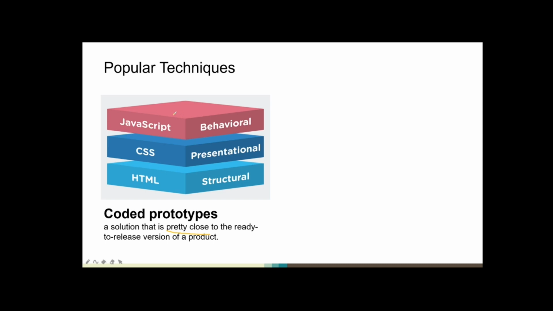In this type of prototyping, you may also need to study or learn JavaScript, the behavioral aspect of the website, the CSS for the presentation, for beautification, and HTML for the structure of the whole website or the whole page.